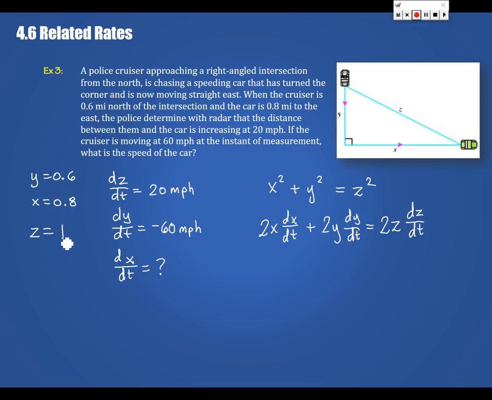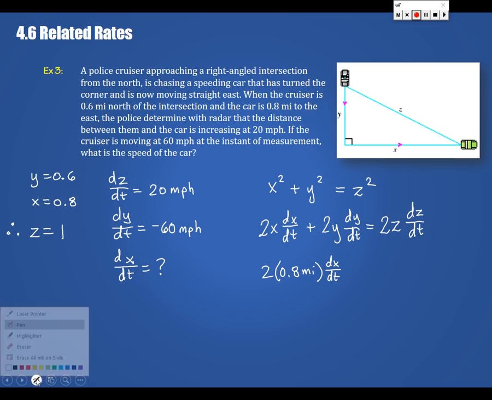Now, even though that wasn't given, we have it now, and now we can go to make our substitutions and solve for dx/dt. So let's do it. 2 times 0.8 miles times dx/dt. Let's just drop all the 2's right now.